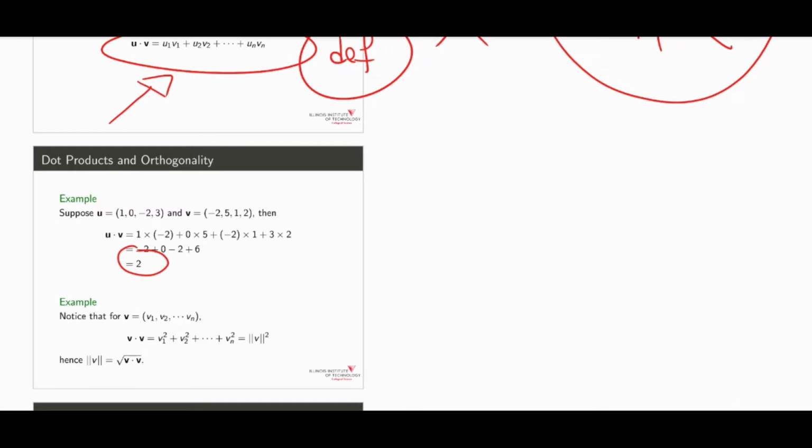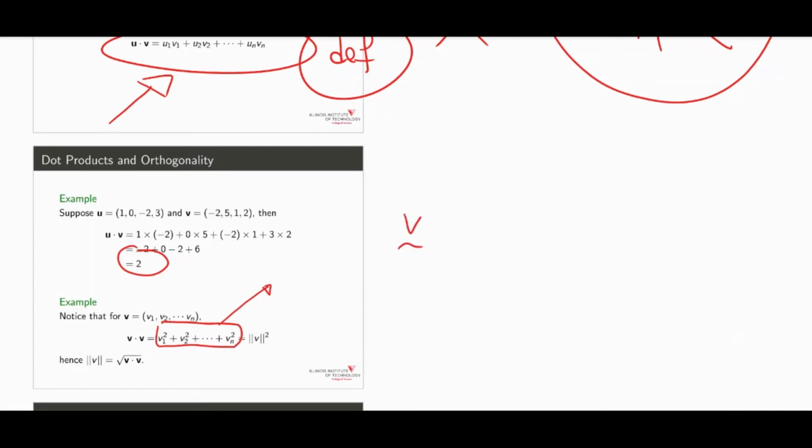And notice that this is a vector v. If you take the dot product between this vector v and itself, you will get this quantity. And this is a quantity that we see a lot. This is actually the magnitude of the vector squared.